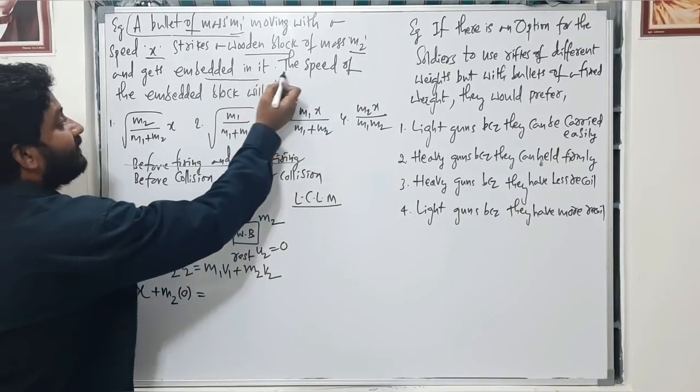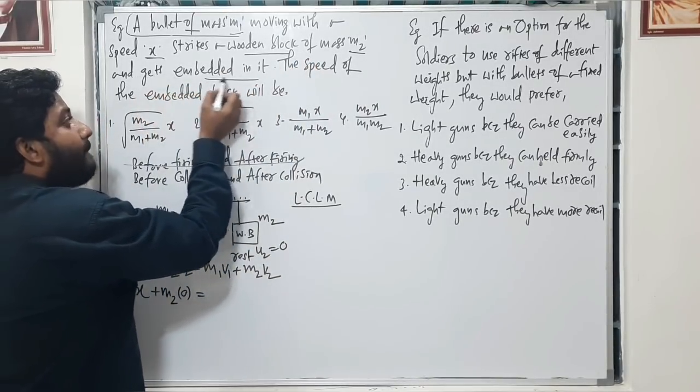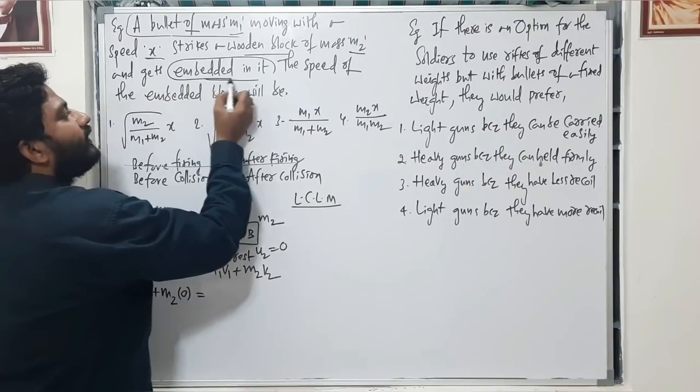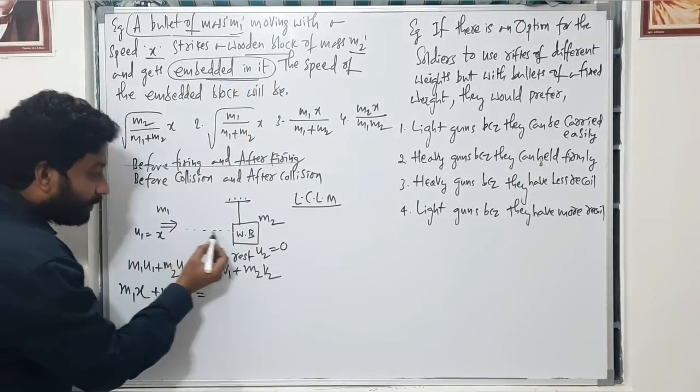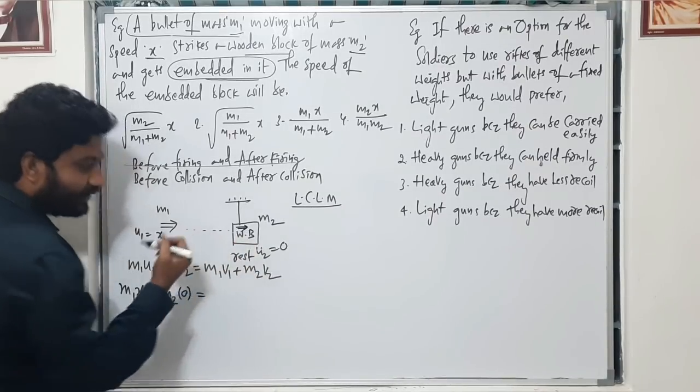Let's concentrate on after collision. What happens? The bullet is moving towards the wooden block and gets embedded in it. Embedded in it means the bullet moves inside of it.